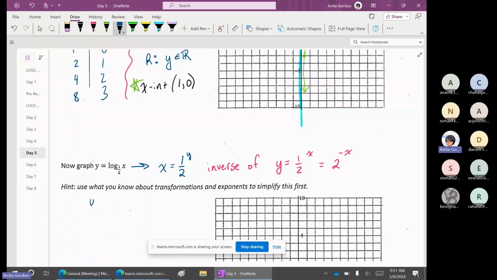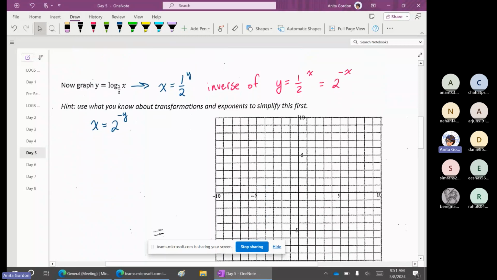So y equals 2 to the negative x, and the inverse is x equals 2 to the negative y.